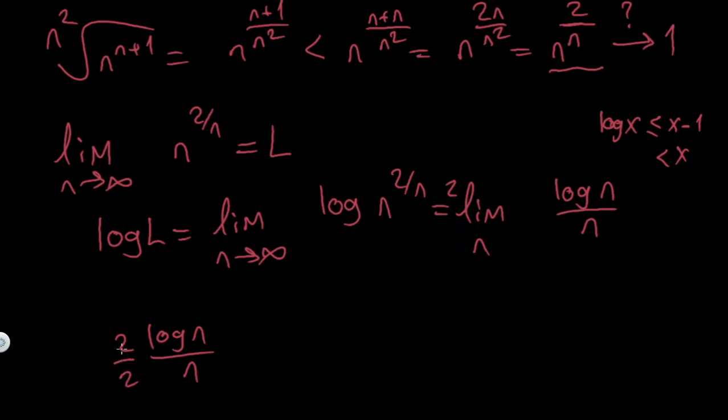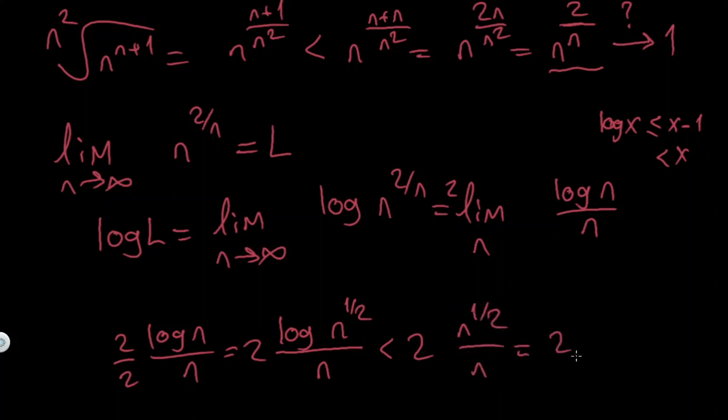So if I multiply and divide by 2, I'm just taking this 2 to the power, so it's going to be log of n to the 1 over 2, over n, and I also have this 2. Now I can use the inequality log x is less than x. So this is going to be n to the 1 over 2 over n, which is just 2 times 1 over n to the 1 over 2.